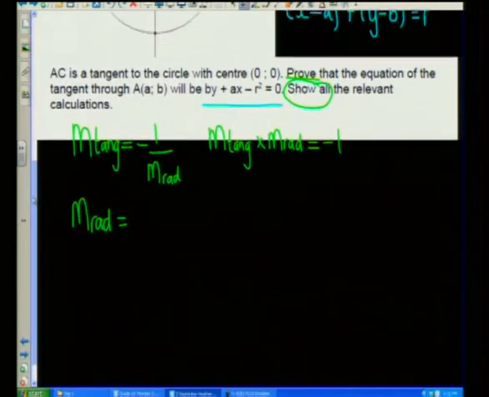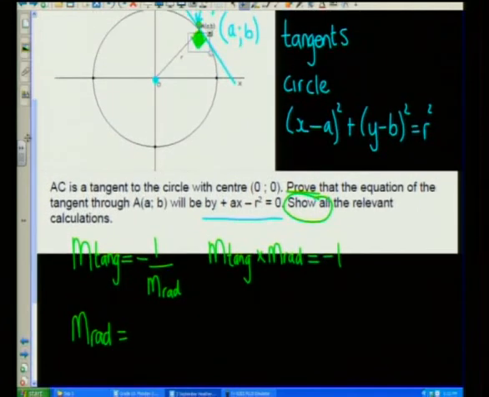We know that the gradient of the radius, look at the picture. Remember, our gradient is y2 minus y1 over x2 minus x1. Now we know that this is the point 0, 0. So our gradient is going to be b minus 0 over a minus 0.